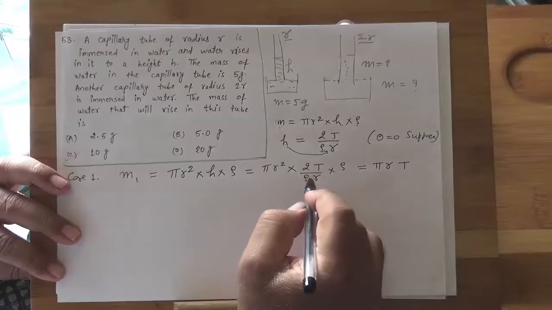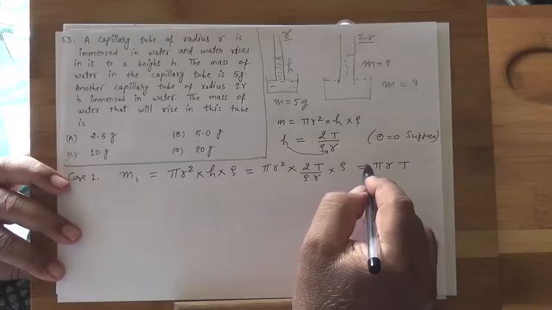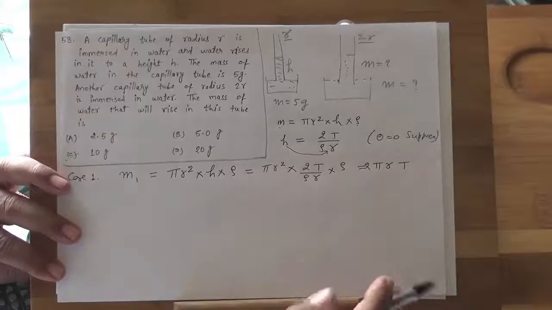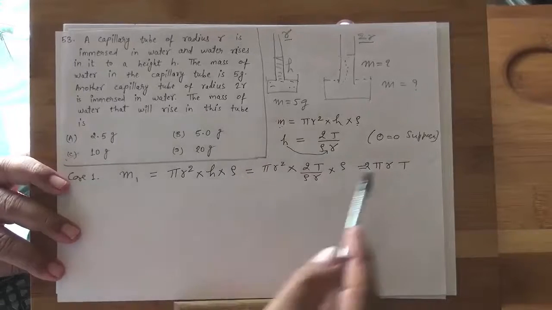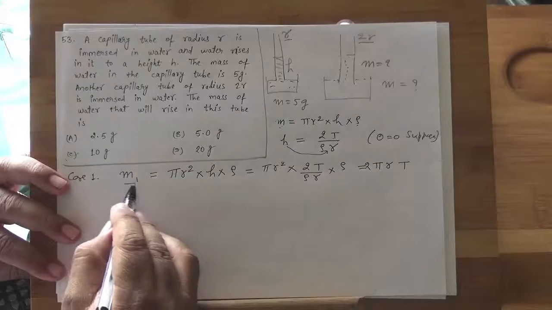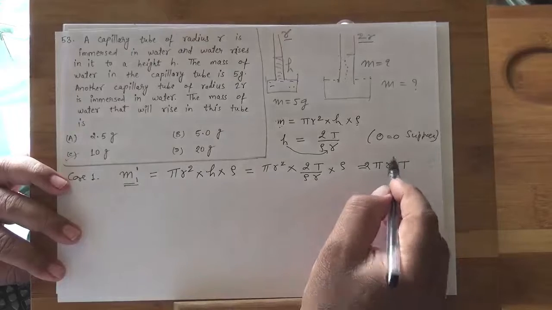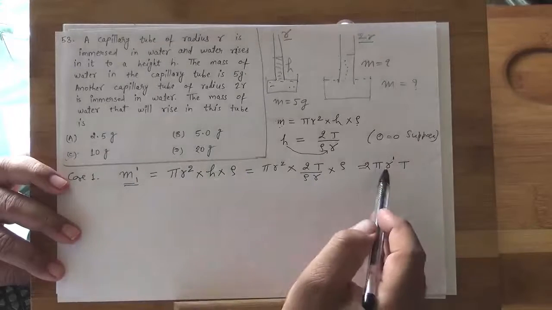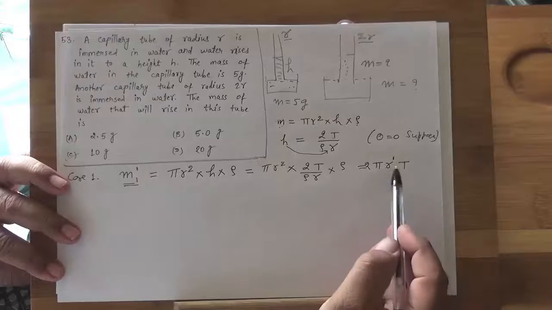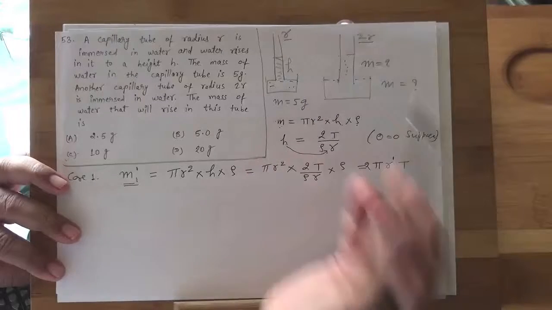Rho is cancelled, one r is cancelled, and we have 2 pi r t. This is the formula for mass. Now you see, here is mass to the power 1, here is radius to the power 1. Means mass is directly proportional to radius. Tension in both the cases is common.